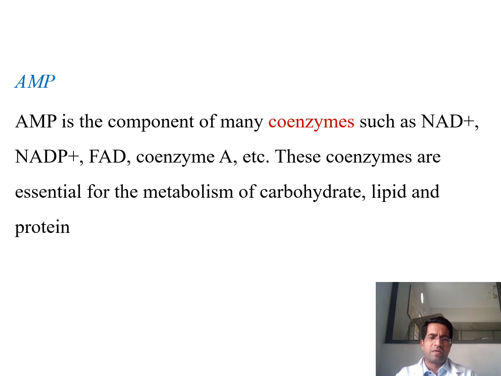FAD is a coenzyme form of riboflavin. The main function of coenzymes is that they are involved in the metabolism of all the macromolecules like carbohydrates, proteins and lipids. They are very essential for metabolism because coenzymes help in metabolizing carbohydrates, lipids and proteins. So AMP is a component of many coenzymes like NAD and FAD.